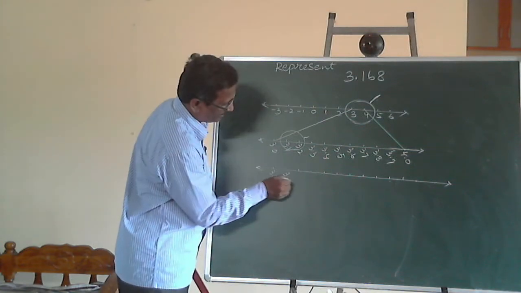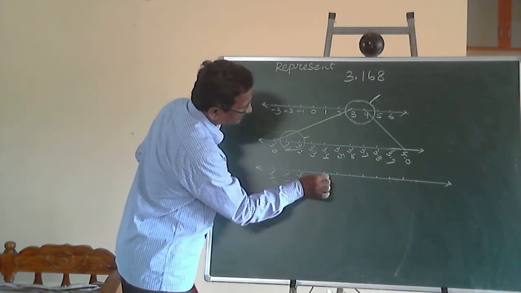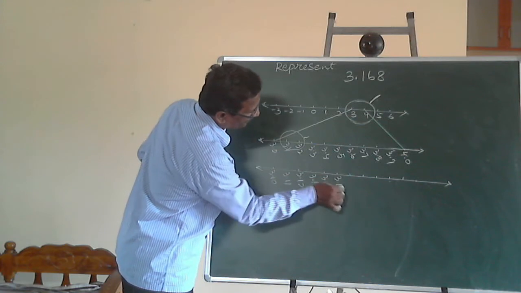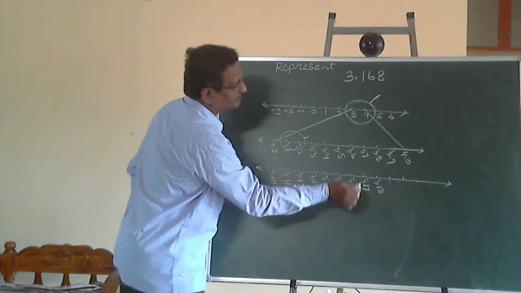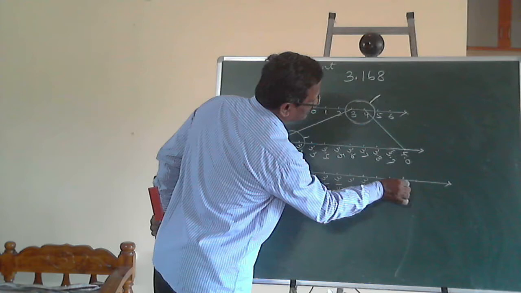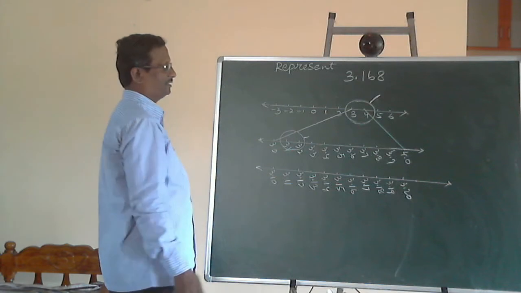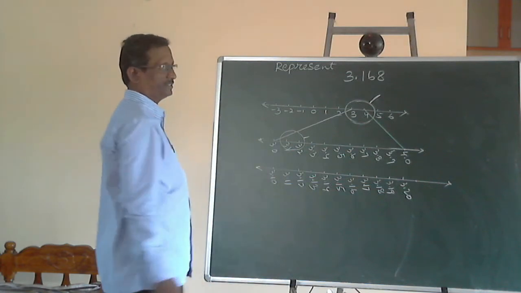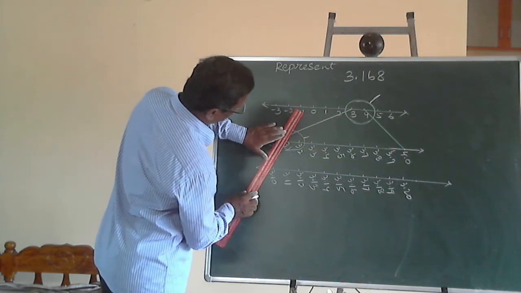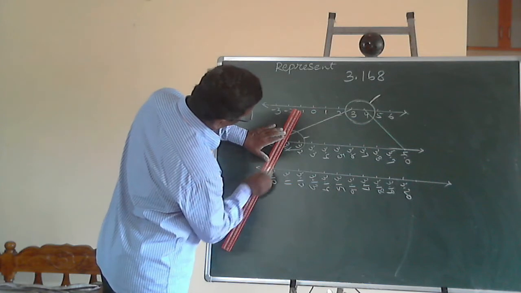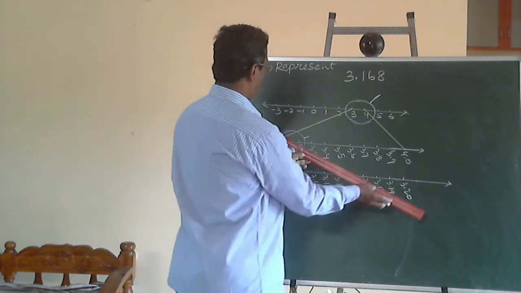This is 3.11, 3.12, 3.13, 3.14, 3.15, 3.16, 3.17, 3.18, 3.19, 3.20. 3.2 or 3.20, one and the same. 3.1 or 3.10, one and the same. So here 3.1 and 3.10 of this next line, when I join, we get like this. 3.2 and 3.20.